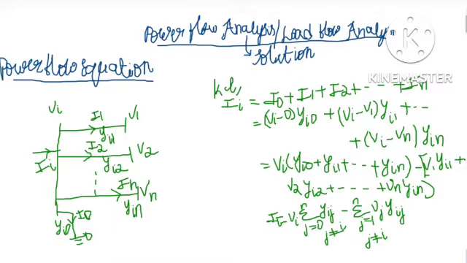And it is also connected to ground. This is ground, so here it is 0 volts, and the current across this is I0, with admittance yi0.